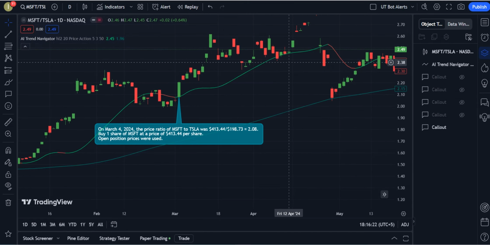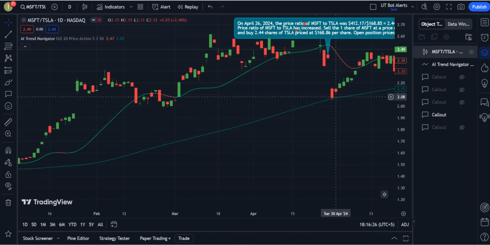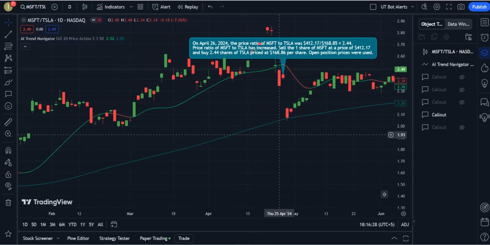And then we fast forward to April 26, 2024, when the indicator is already red and the price ratio reached its peak for this date range.